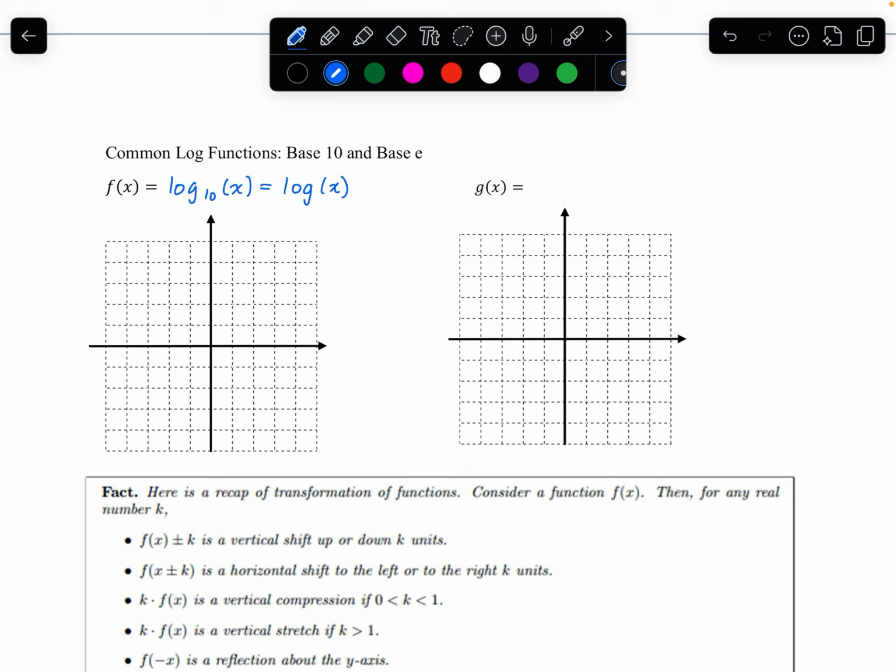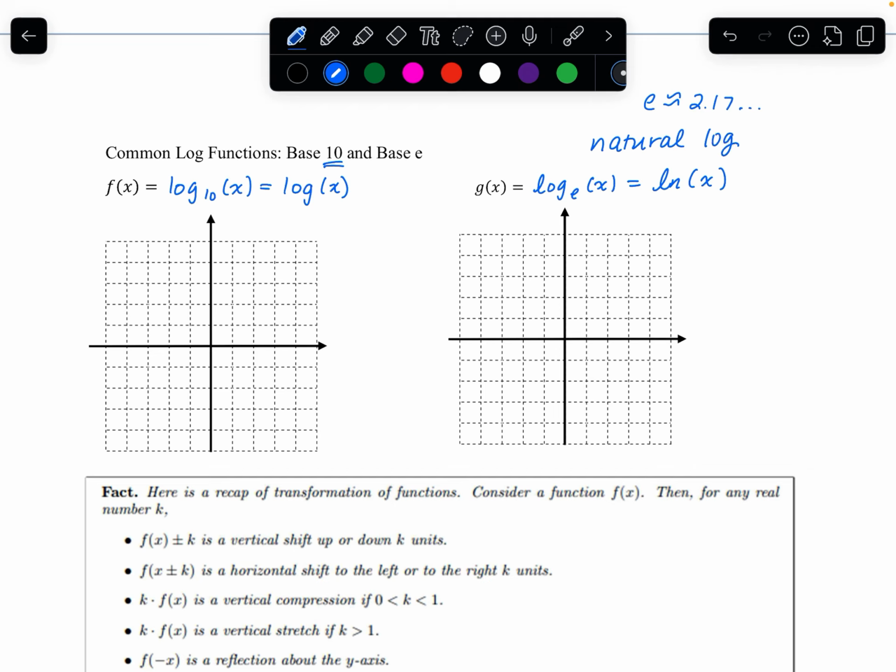So if you ever don't see a number here, always assume base 10. For our base e, remember e is approximately 2.17, and it repeats on forever. For our log base e of x, we wrote it as ln of x. This was known as our natural log.